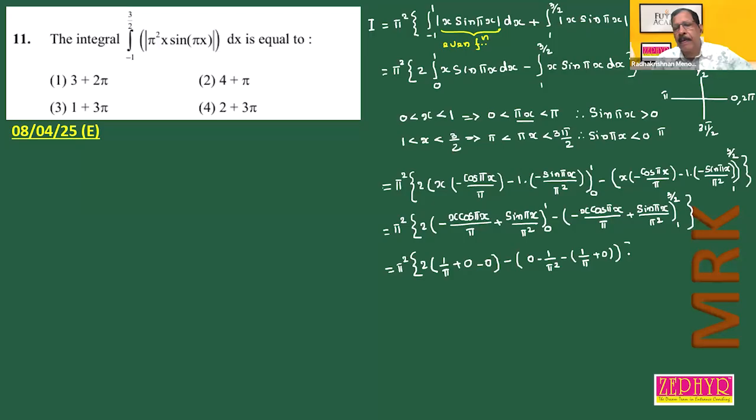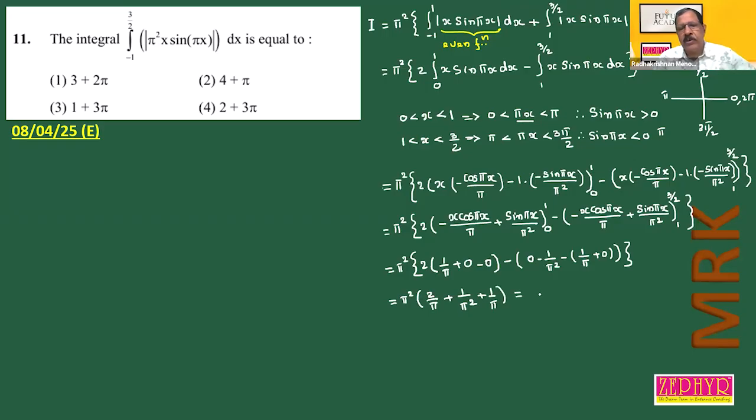Which is equal to pi squared into 2 by pi. Now minus into minus plus 1 by pi square. Now minus into minus plus 1 by pi. This is how it is coming.